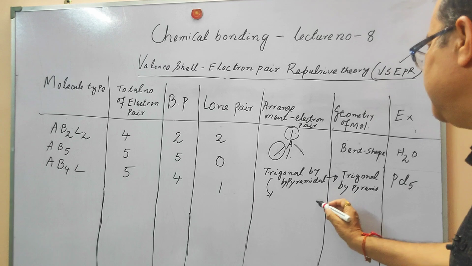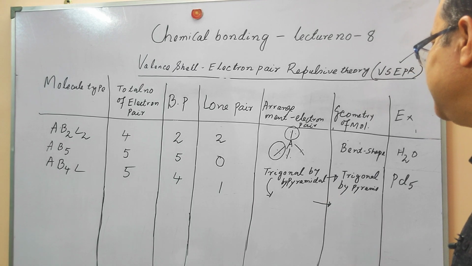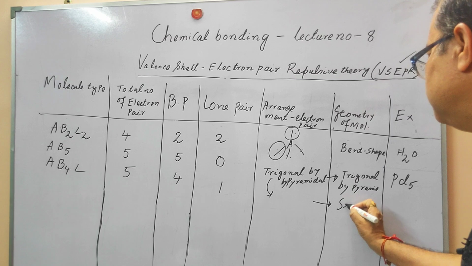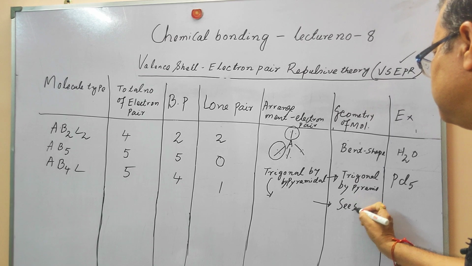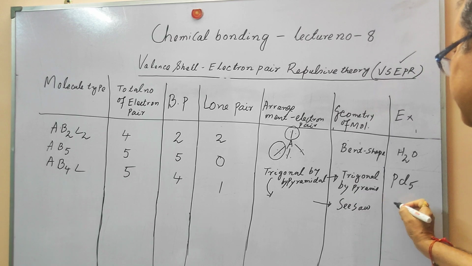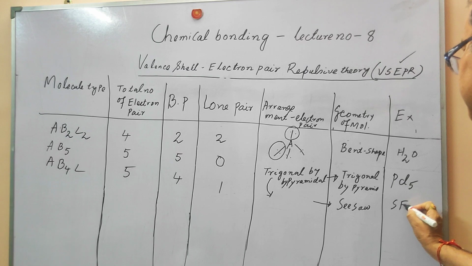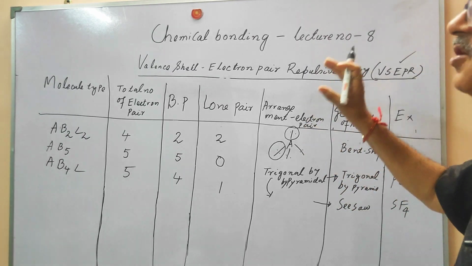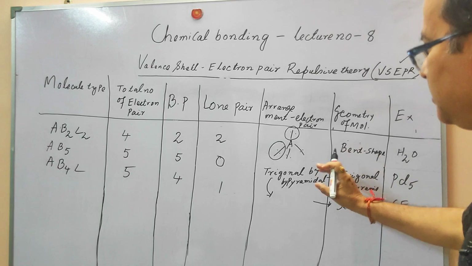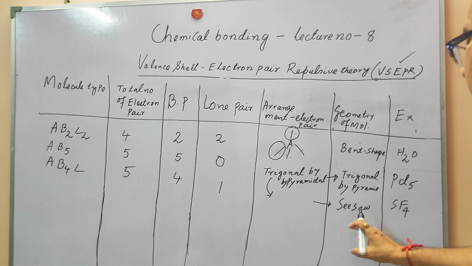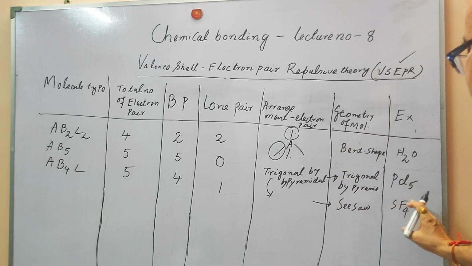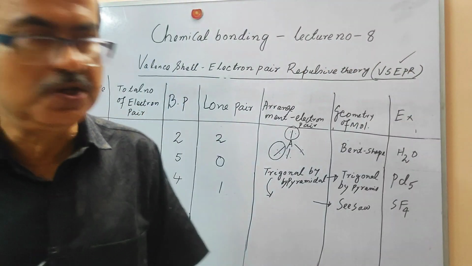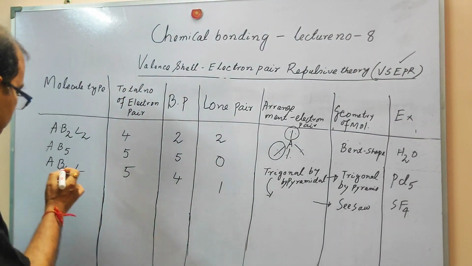But its geometry will change. Its geometry will be seesaw. The example is SF4. So the arrangement of the electron pairs is trigonal bipyramidal, but it will have the seesaw structure because of the presence of the lone pair.